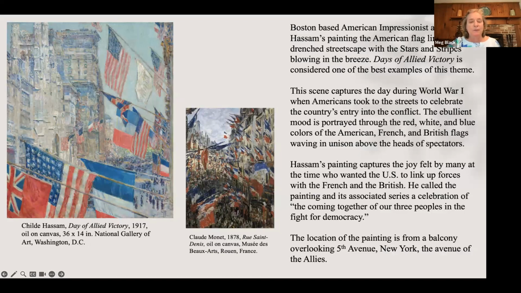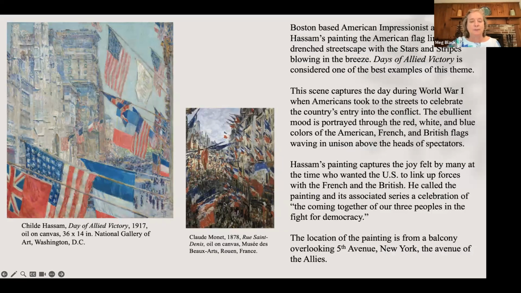But Monet is very popular, of course, for his water lilies and his flower paintings, but he has done a series of these French paintings where the tricolor is prominent. The French, as you may know from your history, were involved with an awful lot of wars in the 19th century.